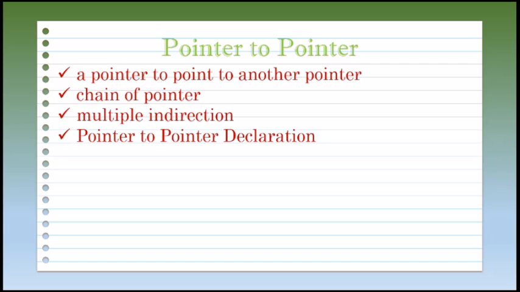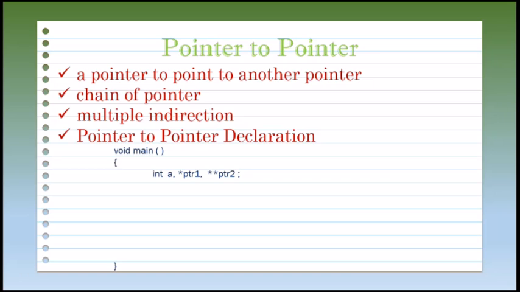Now we will see one small program based on this concept. The program starts with void main, and it should be in opening and closing brackets. At the start we have declared three variables. The first one is a normal variable, that is a.